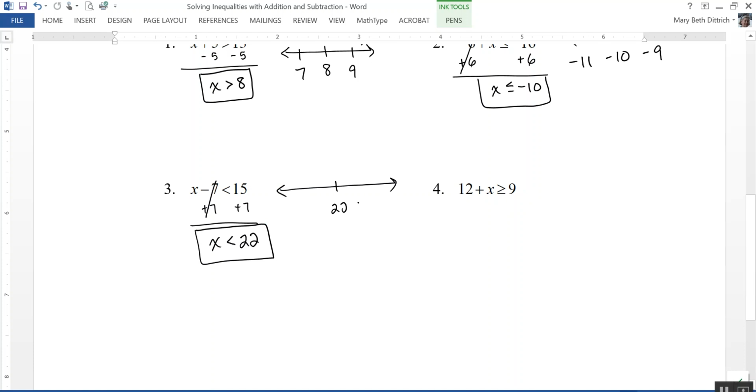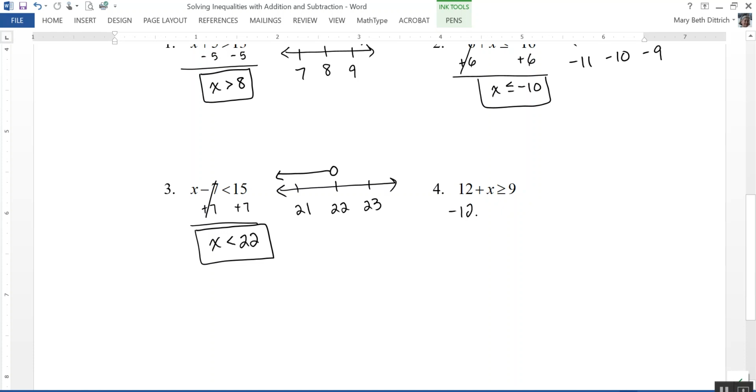Put 22 in the middle, one number larger, one number smaller, and since this is not an or equal to, I'm going to have an open circle, and it's a less than, so it's going in the negative direction. So x can be any number that is less than 22.